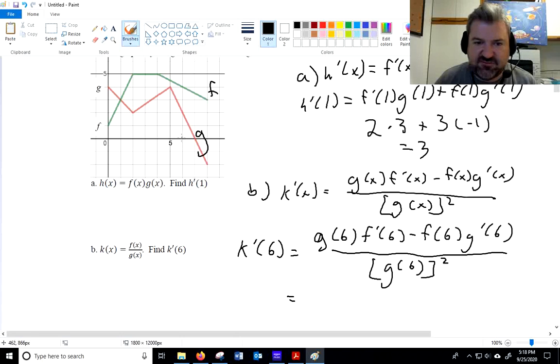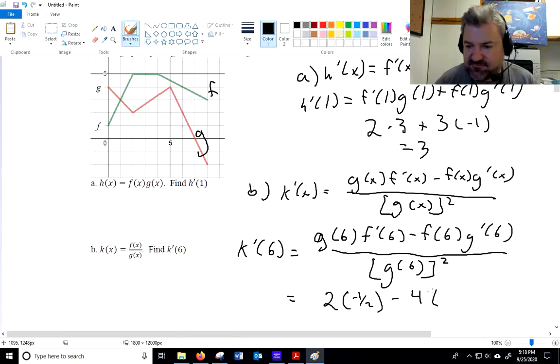So g of 6 is 2. f prime of 6 is negative a half. f of 6 is 4. g prime of 6 is negative 2. All over g of 6 squared. Well, g of 6, what did we say was 2? So 2 squared is 4. So that's negative 1 plus 8, which is 7. This is 7/4.